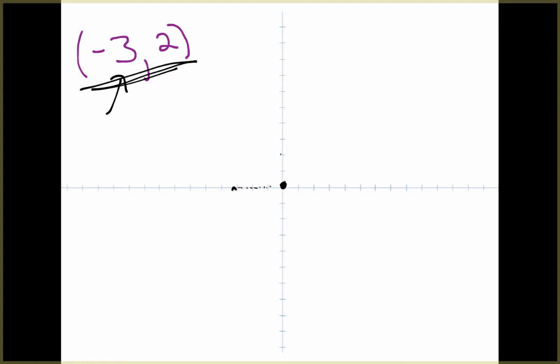From that position on the x-axis, I'm going to go up or down. Since 2 is a positive integer, I'm going to go up 2 spaces and plot that point. Essentially, you'll have that right there.